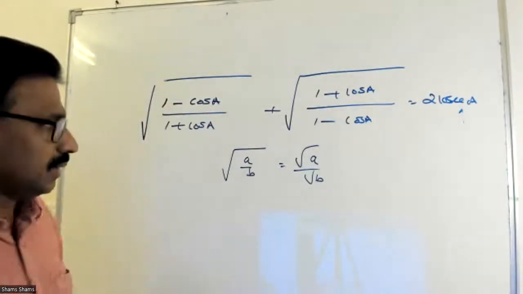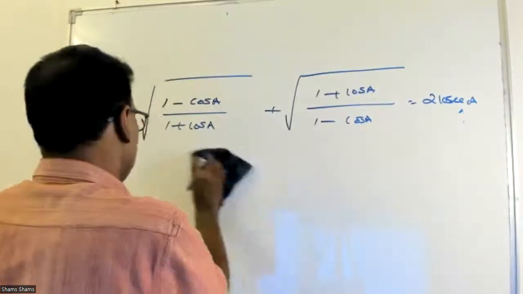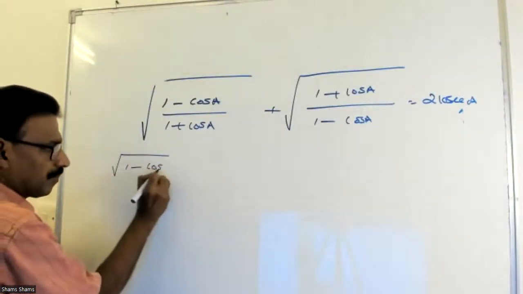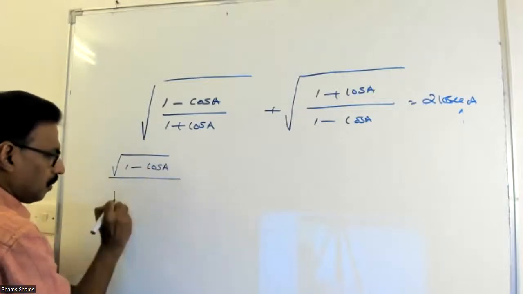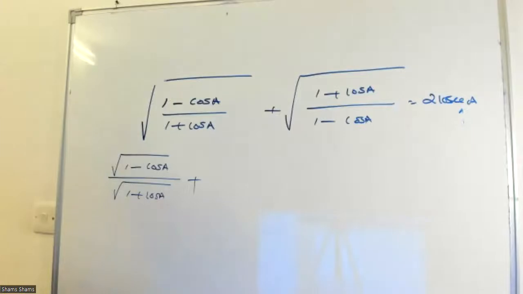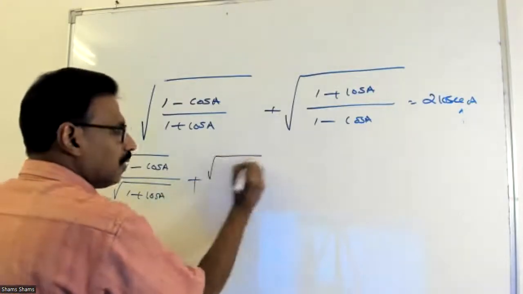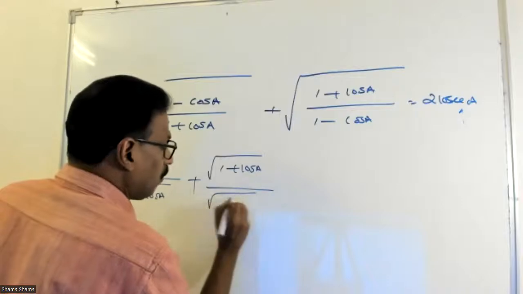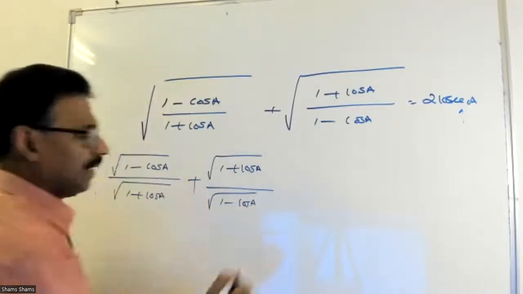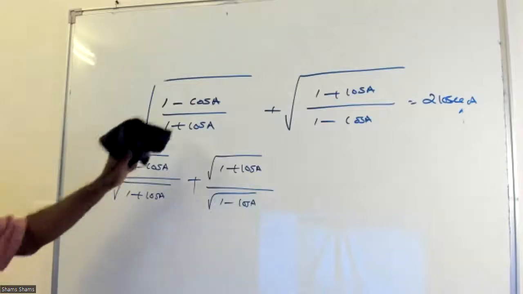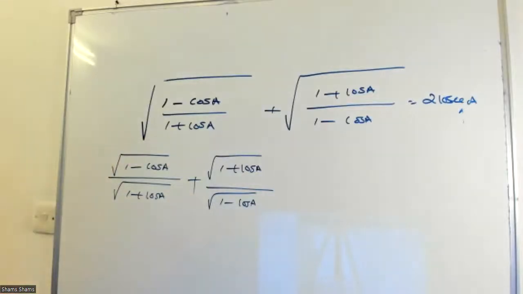Then that idea here: root of 1 minus cos A divided by root of 1 plus cos A plus root of 1 plus cos A divided by root of 1 minus cos A. Is this step clear or not? I hope you are clear on all these steps. Numerator and denominator separate.